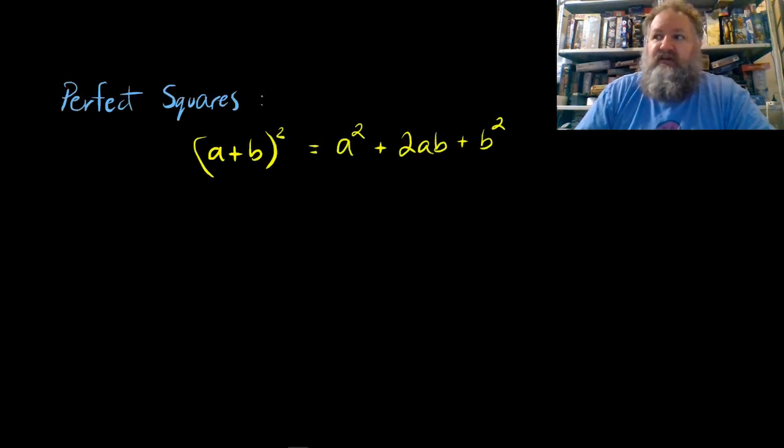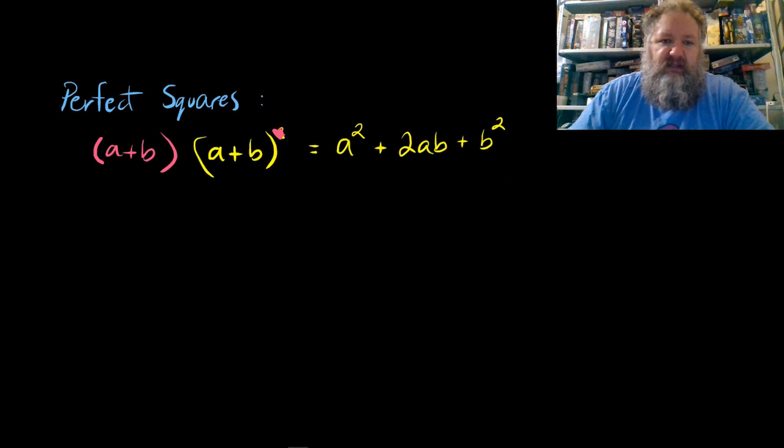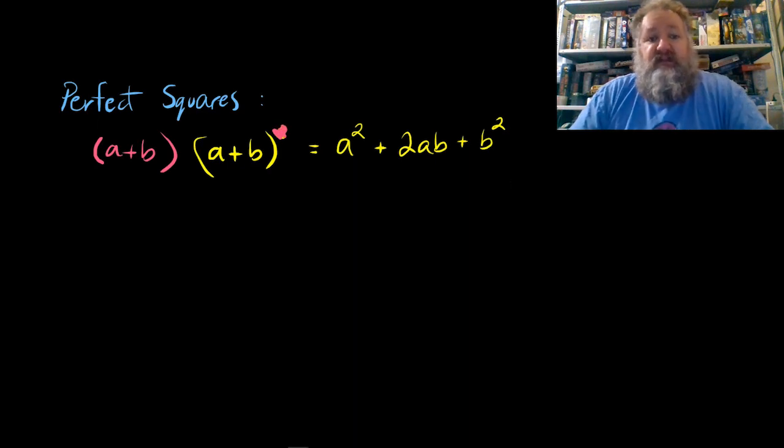For example, if I have a plus b in brackets and it's squared, what does that actually look like? Well, it really is a plus b outside of a plus b without that squared bit there. That's really the same thing. I've just written it in 2 different ways. And the answer in every instance will be a squared plus 2ab plus b squared.